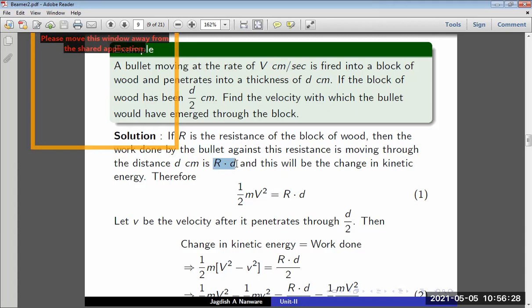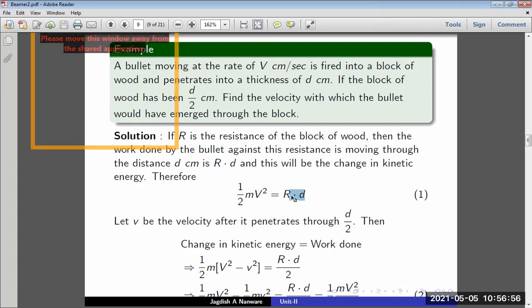So this is the work done, and this will be the change in kinetic energy. And therefore we have the kinetic energy at the starting point and the kinetic energy at the end point, and by the principle of linear momentum, this kinetic energy is equal to R d.